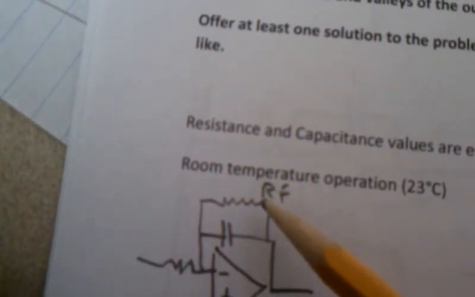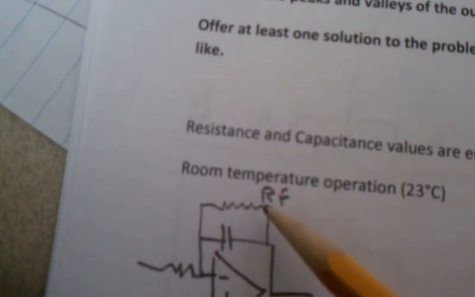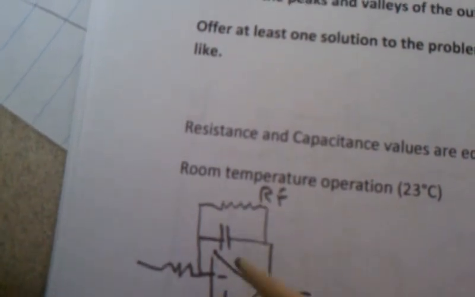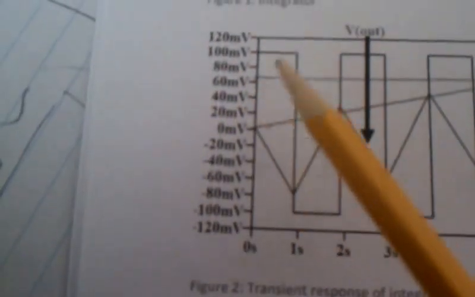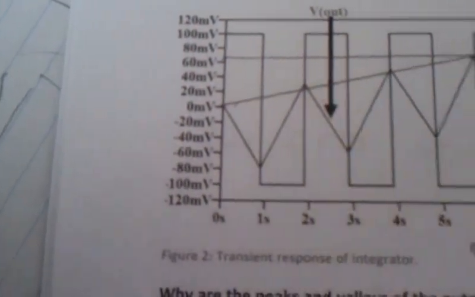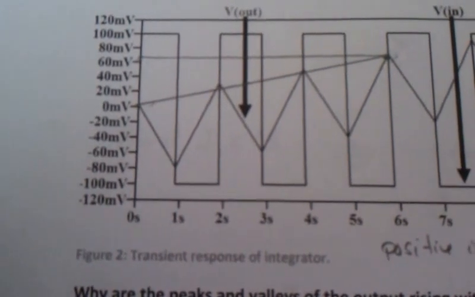Unfortunately, that feedback resistor, in order to counterbalance the 10 millivolt offset, tends to be small, and it starts to act like a filter, and you don't really get the DC performance that you would like.